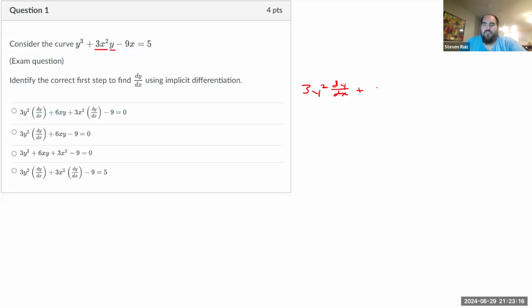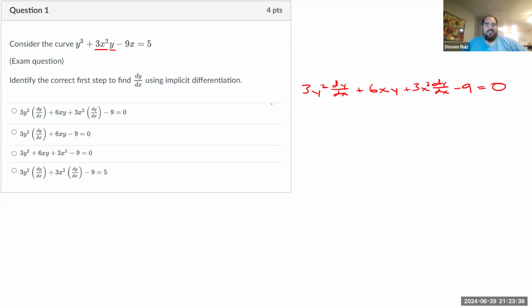So the derivative of 3x squared is 6x, leave the y intact, and then plus 3x squared dy/dx. And then what's the derivative of negative 9x? That is negative 9. And then the right-hand side is a constant, so that derivative is 0.